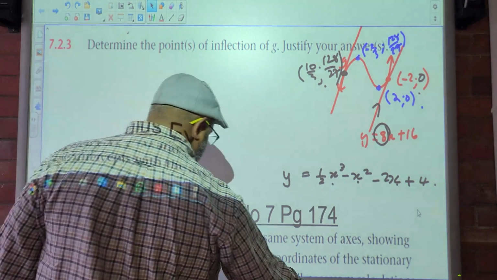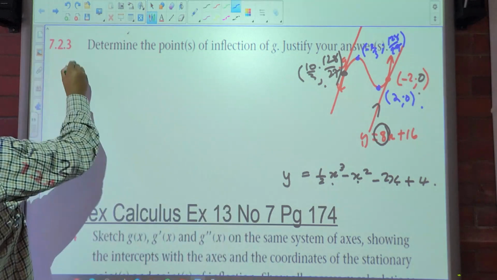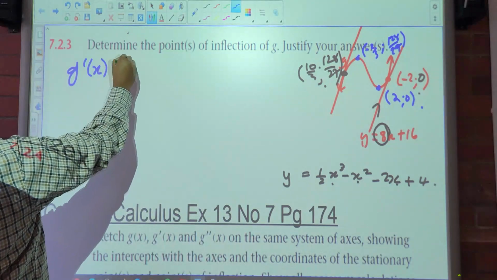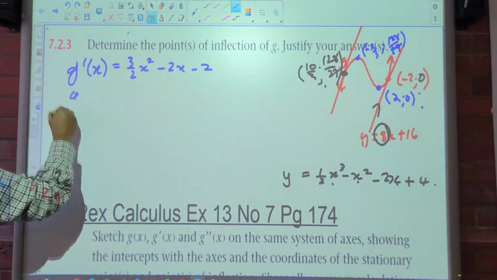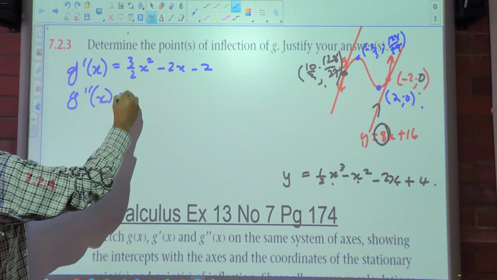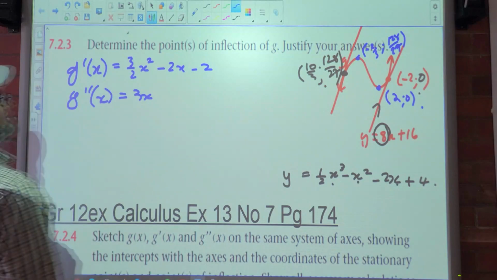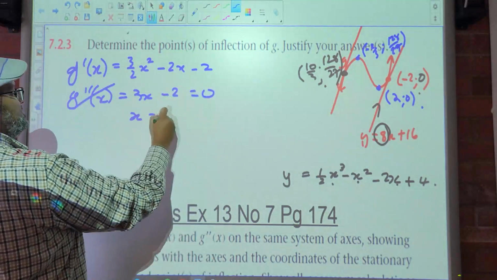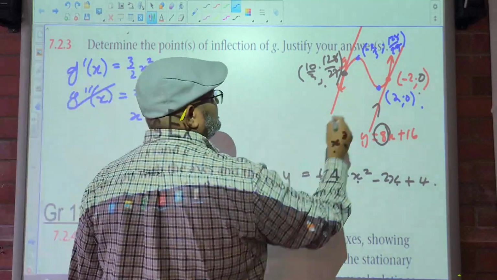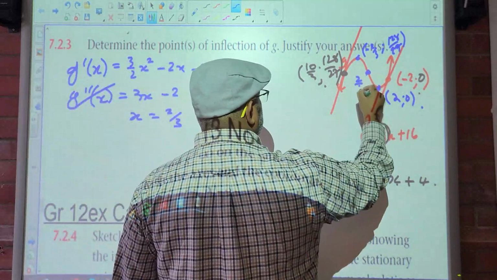So we know the first derivative, g dash of x, was 3 over 2 x squared minus 2x minus 2. So g double dash of x is equal to 3x minus 2. Is that equal to 0? So x is equal to 2/3. That is there, 2 over 3.